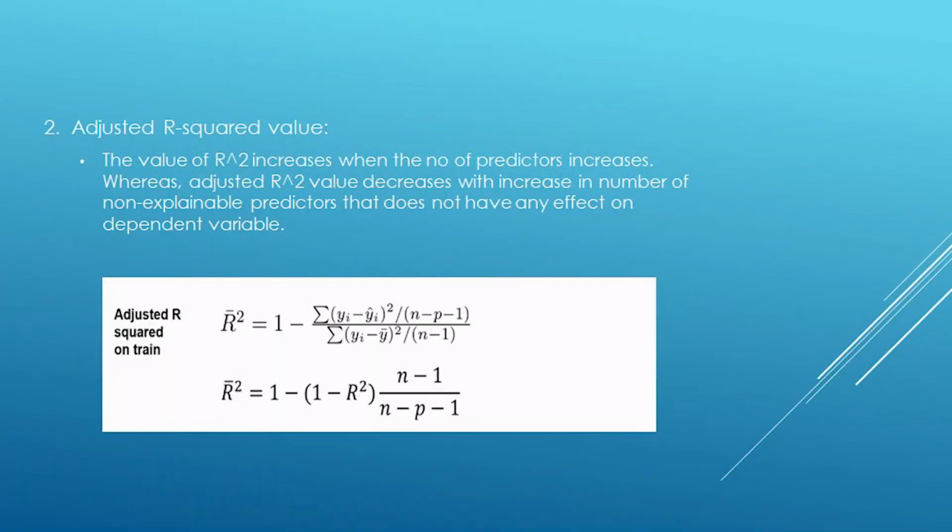The second best metric to evaluate a linear regression model is adjusted R square. Even though R square is a good measure to determine how well the model fits the dependent variables, it does not take into consideration the overfitting problem. If a regression model has many independent variables, it tends to overestimate the model.